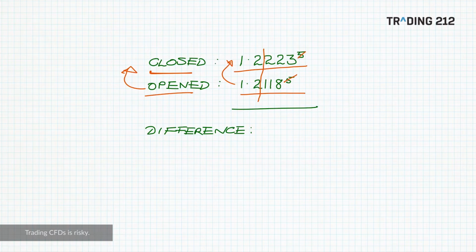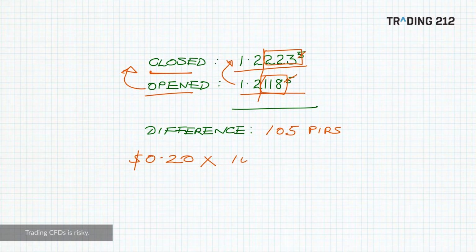But really, we're just looking at 223 pips minus 118 pips, and that gives us a difference of 105 pips. And we said before that 1 pip was 20 cents, or 0.2 of a dollar, multiplied by 105. And therefore, overall, that is $21 difference between our opening and closing level in terms of trading profit. So we made a $21 trading profit.